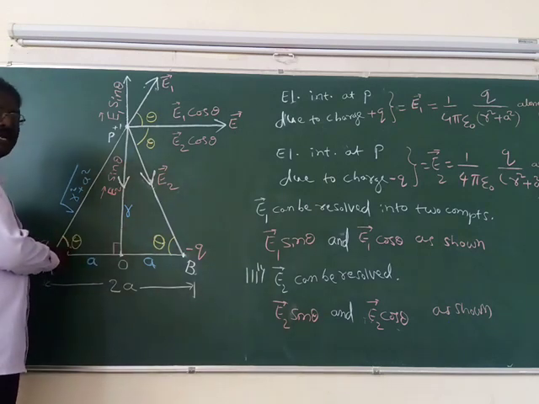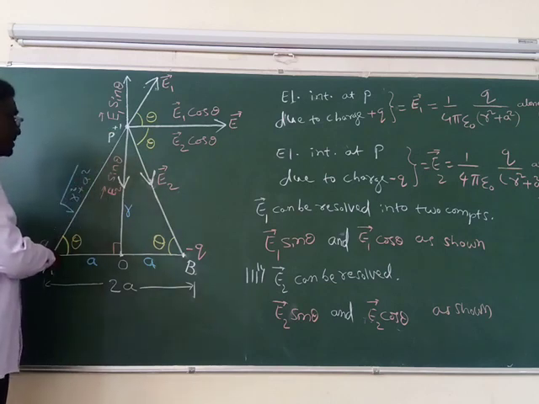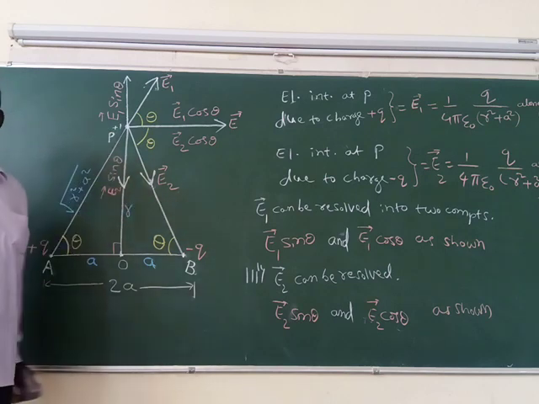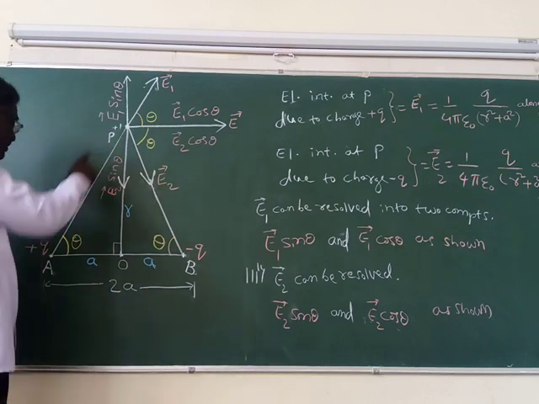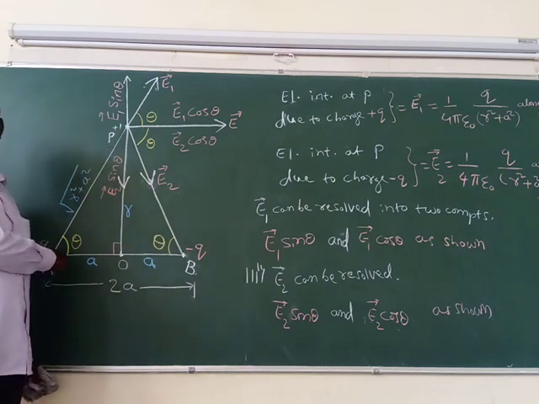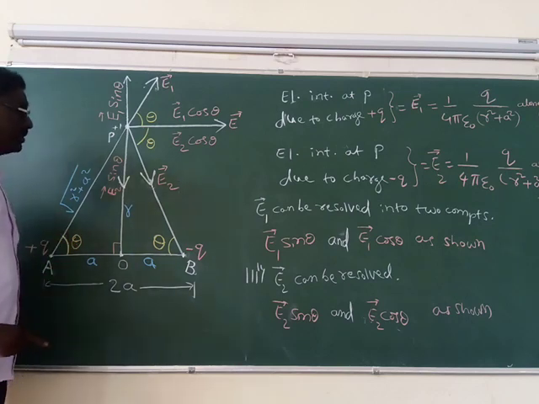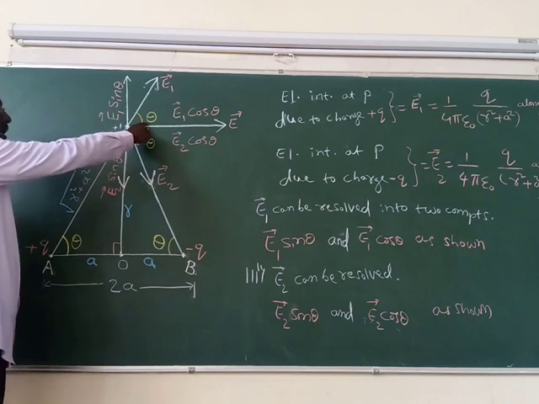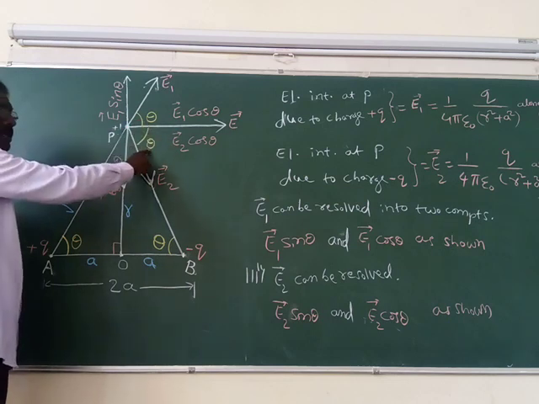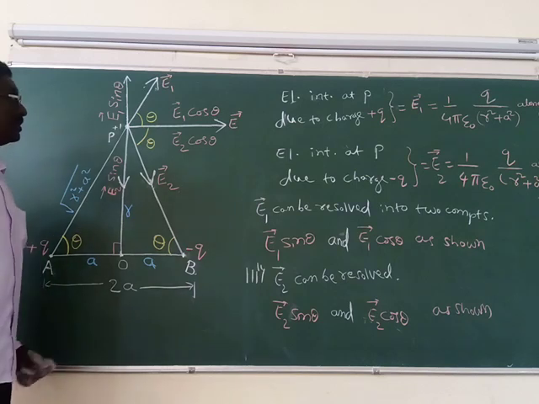If this angle is theta, then this angle will also be theta, because the two sides AP and BP are equal, as point P is equal distance from both A and B. Elementary knowledge of geometry.